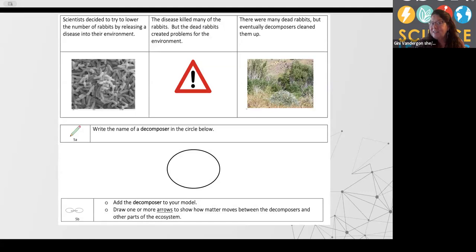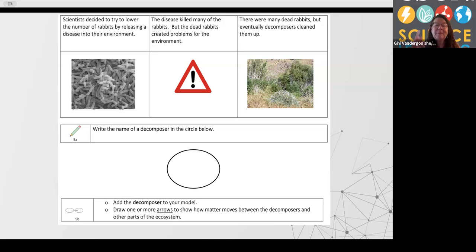And of course, the disease killed many rabbits all at once. And this, of course, created a problem for the environment. There were so many dead rabbits that the ecosystem was overwhelmed at first, but eventually the decomposers cleaned them up.